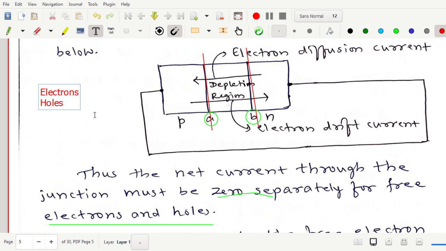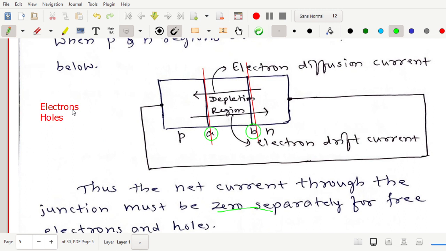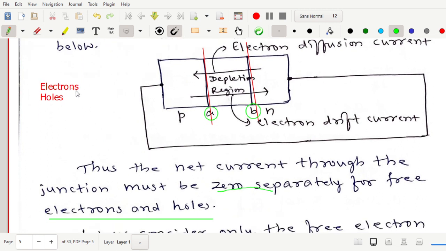Because of electron motion and hole motion across the depletion region, current will be formed. The current because of electrons is the electron current, and the current because of holes is the hole current. So separately for electrons and holes, the net current through the junction must be 0.